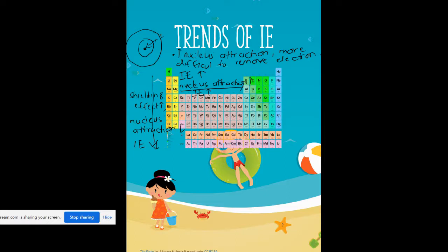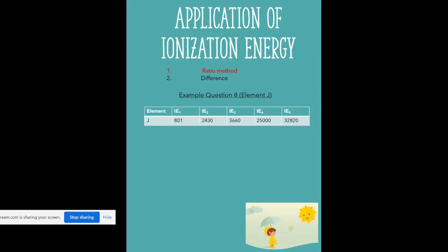Now let's have a look at the calculation question. I'll show you one example. How do we use these values of ionization energy? One of the uses is to determine the number of valence electrons. There are two methods, ratio method and difference method, but we focus on the ratio method. I'm using question 8, element J as an example.